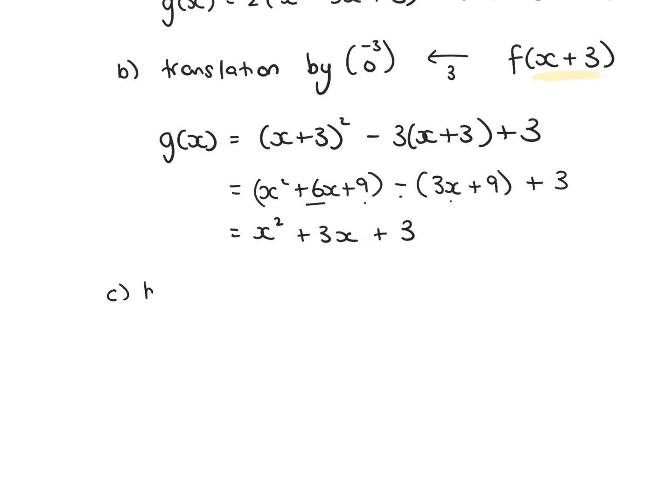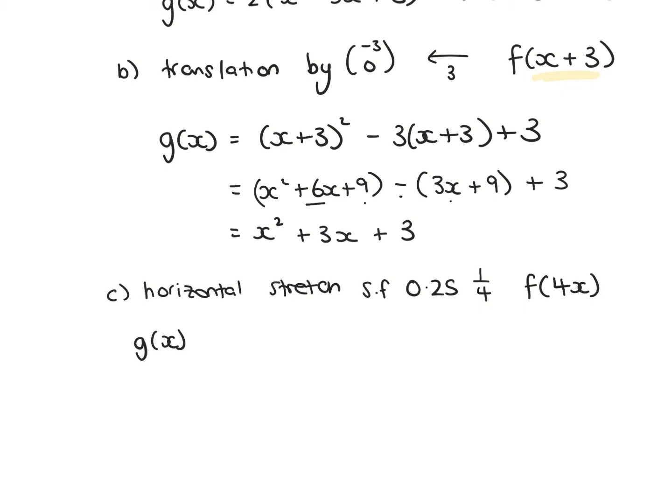And for C, it's a horizontal stretch. And this time it's a scale factor of 0.25 or a quarter. And if I want to make it a quarter the size, I'd have to divide by 4. So what I want is this.